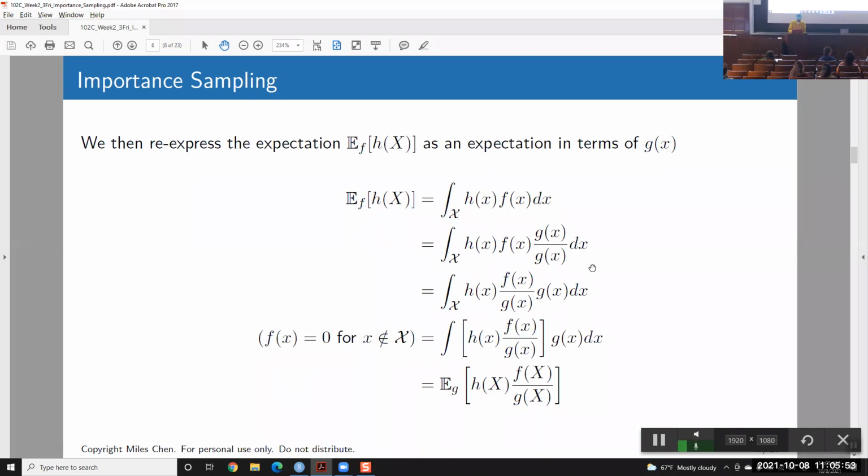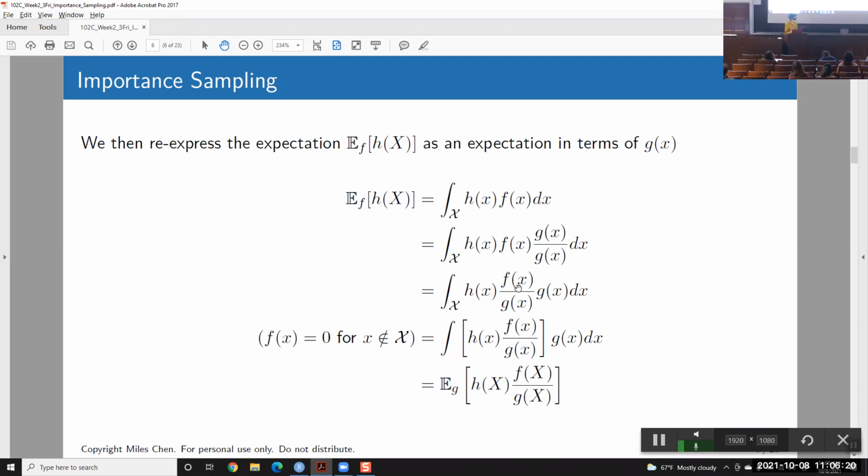Mathematically, this is how it works. I'm just going to take this integral and multiply it by 1, which I'm allowed to do: g of x over g of x. As long as g of x is not 0 anywhere inside of x, then we're okay.